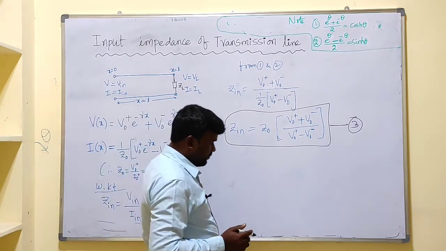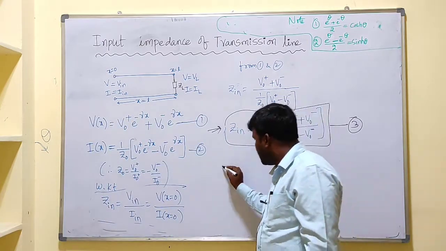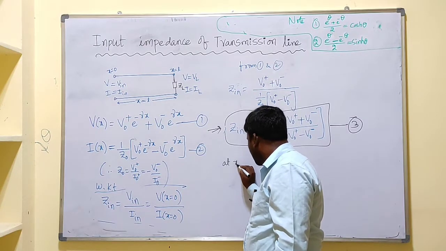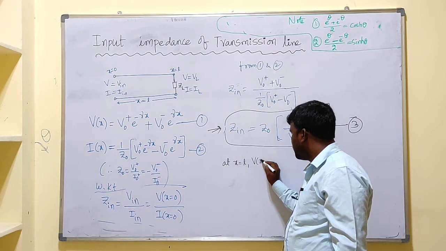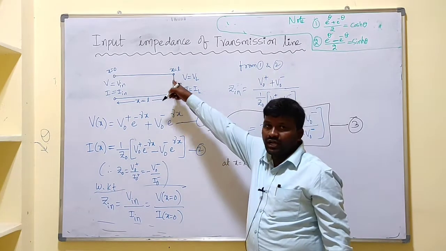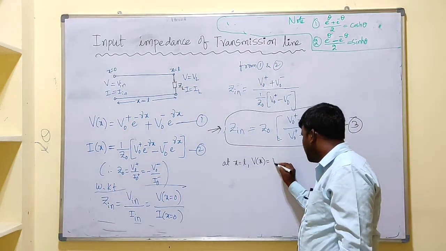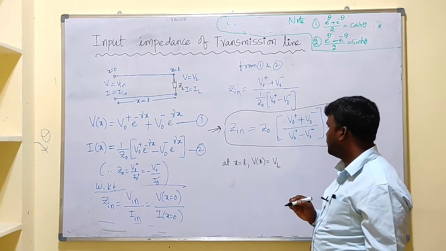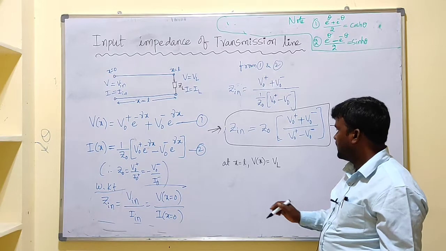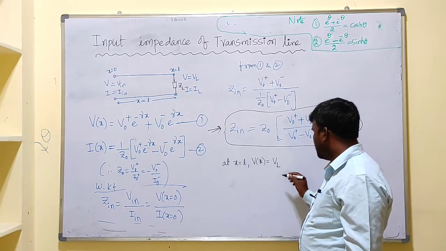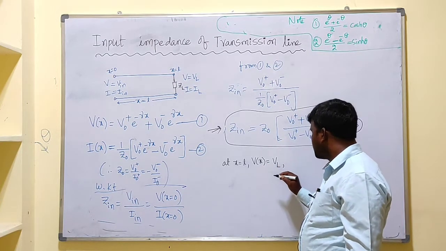Okay, at x equal to L, V of x equal to what? Voltage at load end is equal to what? That is VL. At x equal to L, V of x equal to VL. That VL equal to what? Substitute in 1.